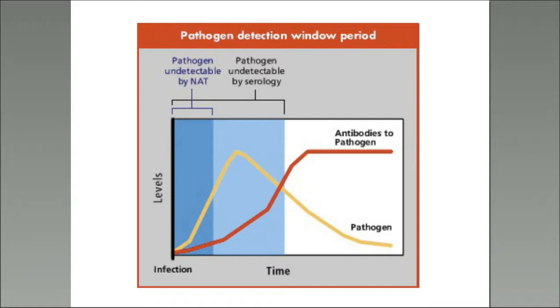You can see the antibodies generally take much longer to form, and so have a long window period, where the pathogen is undetectable by serology, whereas the NAT, which detects the viremia, has a short window period. But the important thing here is the window period is still not zero, because there is a period usually of about a week where the pathogen is undetectable by NAT, and that's called either the NAT window period, or sometimes it's called the eclipse period.